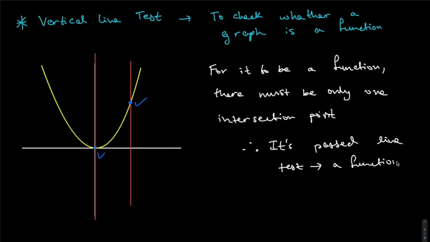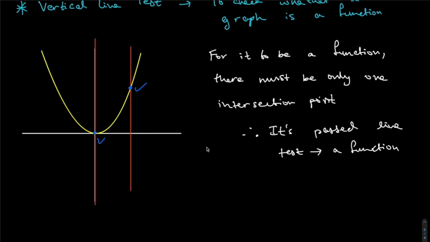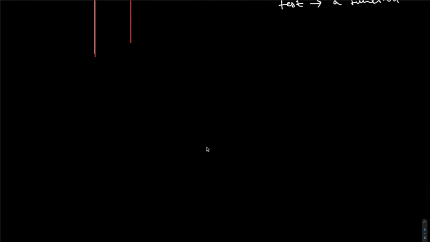We can claim this curve to be a function. We can claim that a parabola, or any parabola in the form y is equal to x squared, is a function. Now let's take another example.